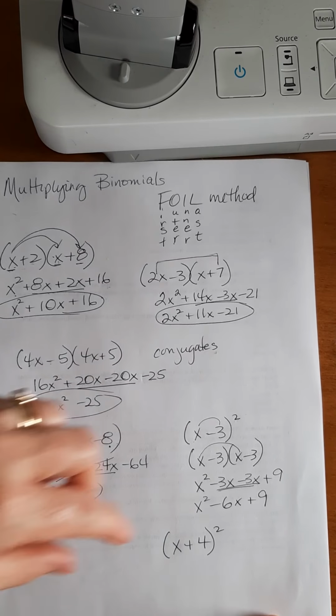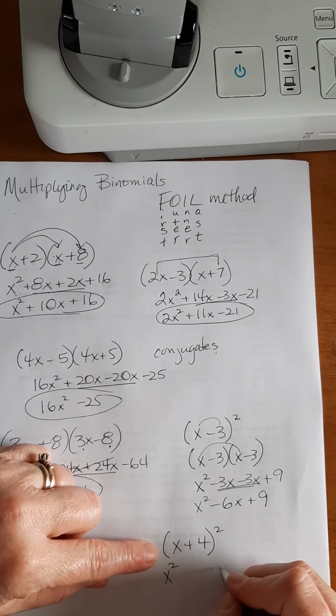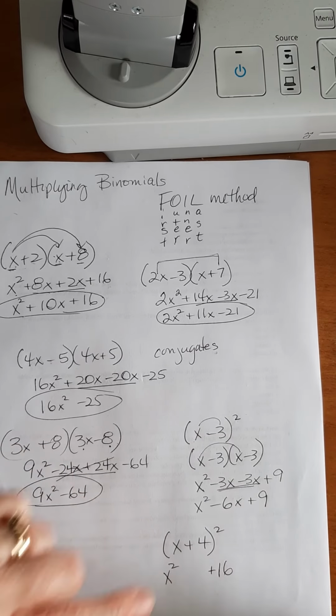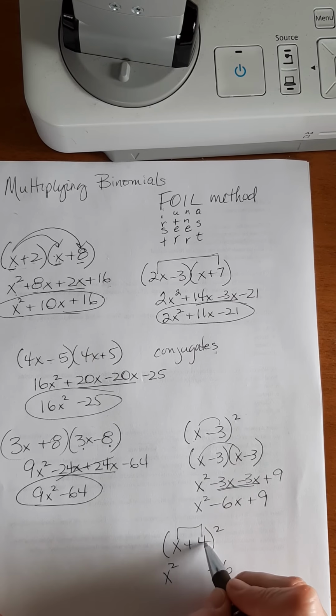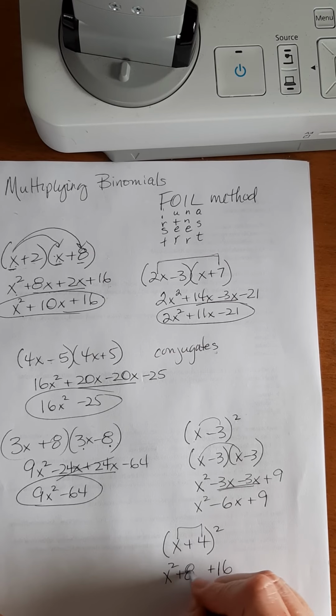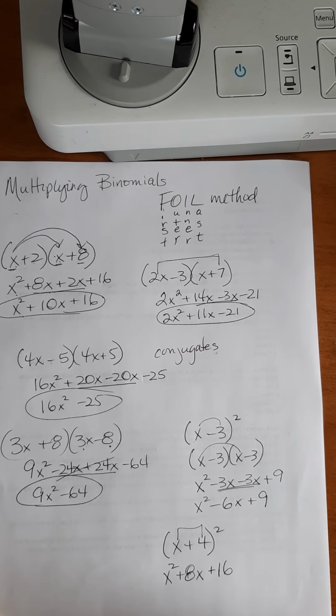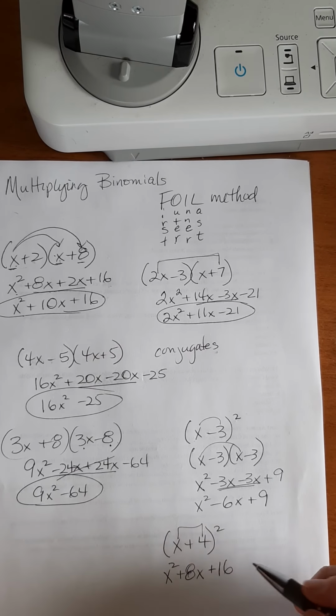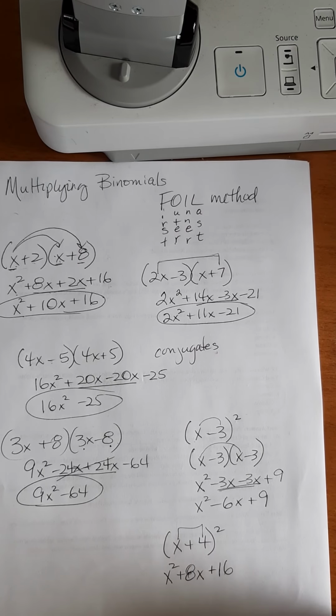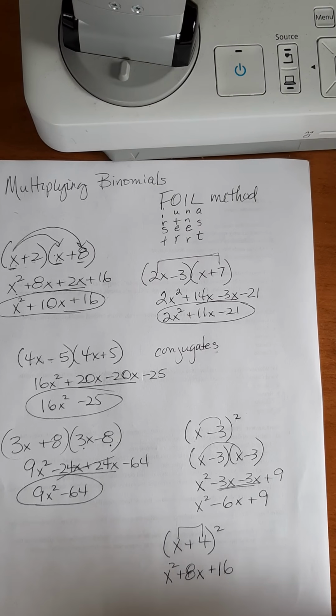The shortcut would be square the first, square the last, always plus, and the middle term, positive 4x doubled, plus 8x. Now, if you don't like the shortcut, just FOIL it out. It's not like it takes that much more time, but I like to show you shortcuts for those that have a real number sense about them.